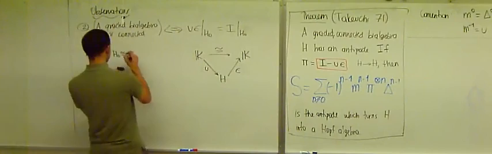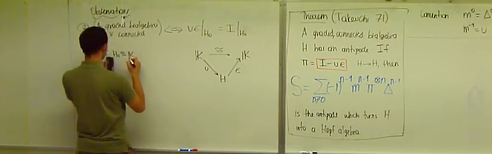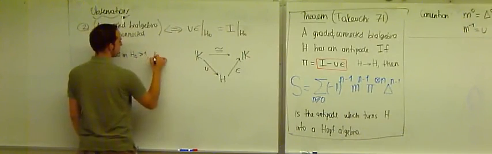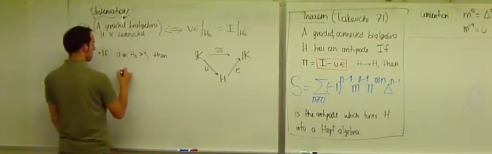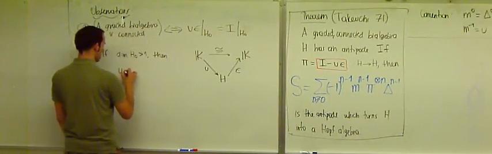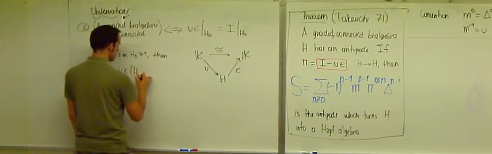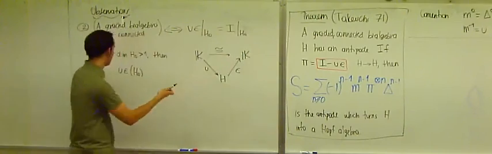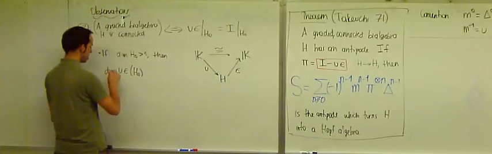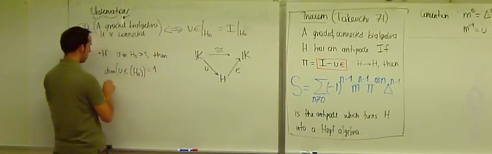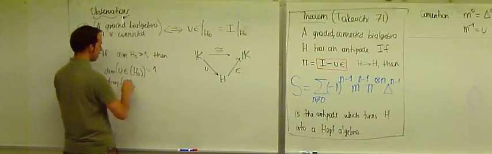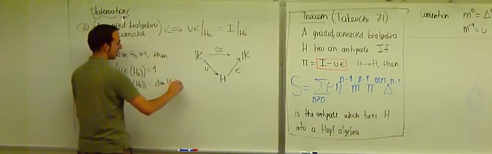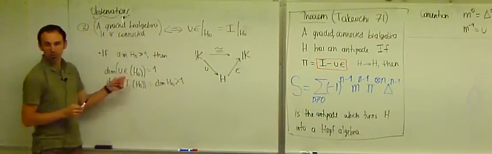So if H0 is not K, so it's bigger than K, let's say if the dimension of H0 is bigger than 1, then what I'm saying is this, that u epsilon of H0, the biggest it can be is dimension 1, whereas the identity on H0, this is the identity, so this is the dimension of H0, which is bigger than 1. So these two things are not equal to each other.